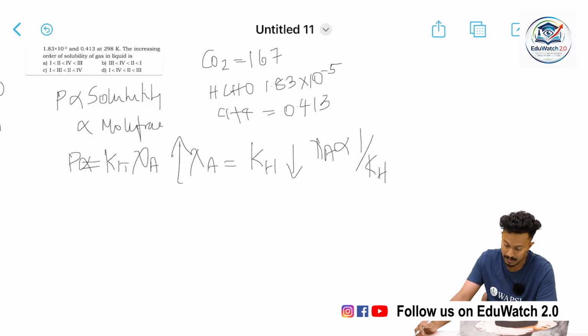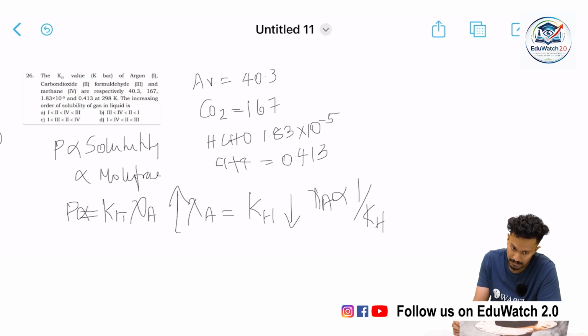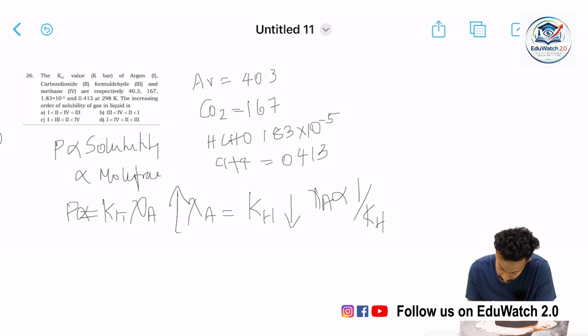So which one has the lowest? I think it's methane gas with 0.413, right? Question number 26. The more the Kh, the less the solubility. So solubility will be lesser in carbon dioxide.